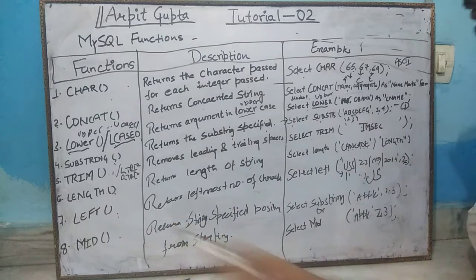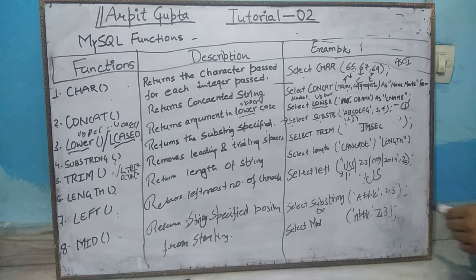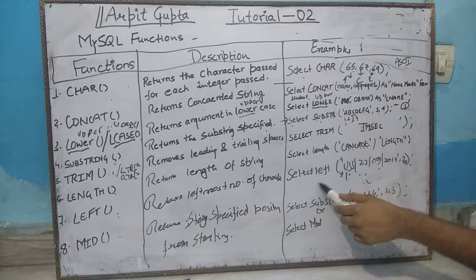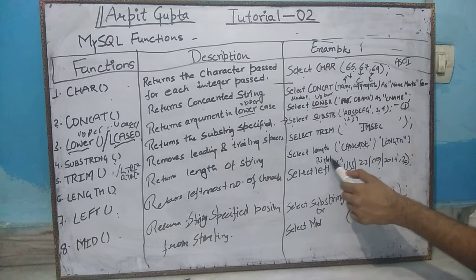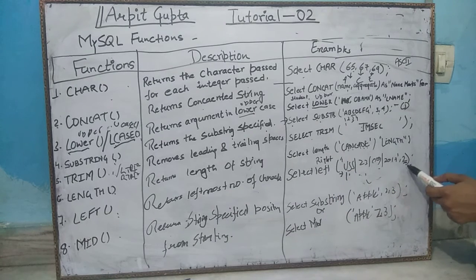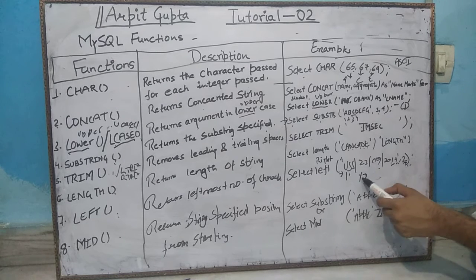Similarly, there is the right function, which returns the characters from the rightmost. For example, select right, same string, same characters. From here it will start, 1, 2, and give output 17.